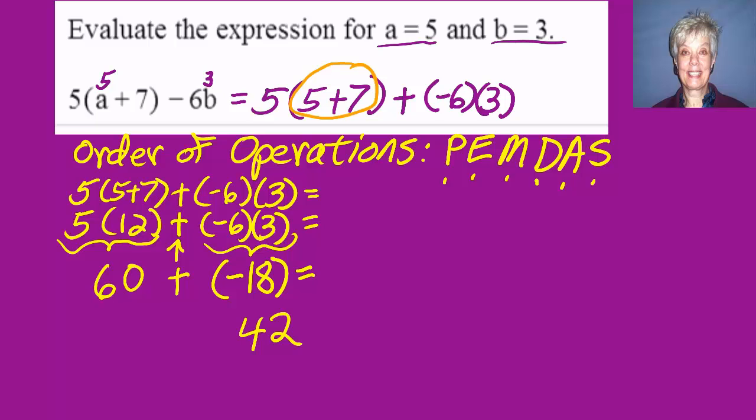Once your variables, your letters, are gone, and you're working only with numbers, as we are here, you have to use order of operations to make sure you don't perform an operation in the wrong order. Okay, let's go on.